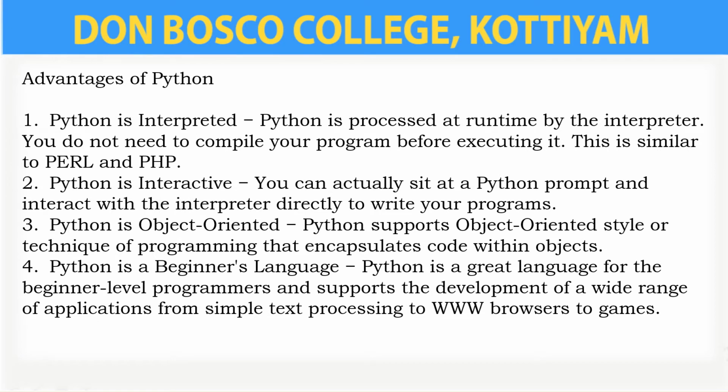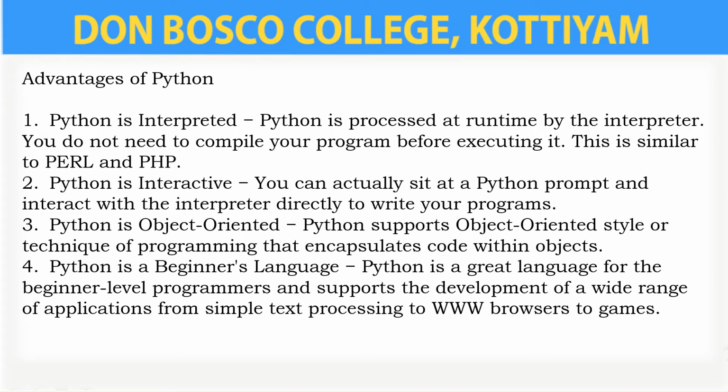Now we can check some of the advantages of Python. First one is Python is interpreted. We have studied about translators, and the function of translators is to translate source code to object code and vice versa.